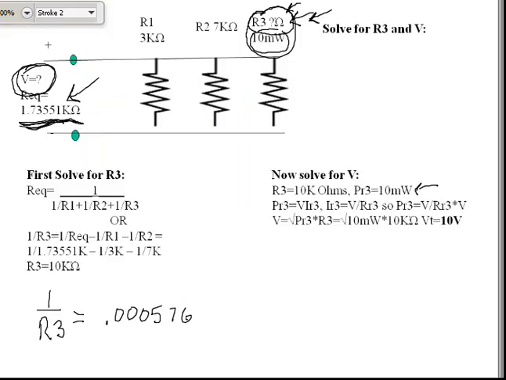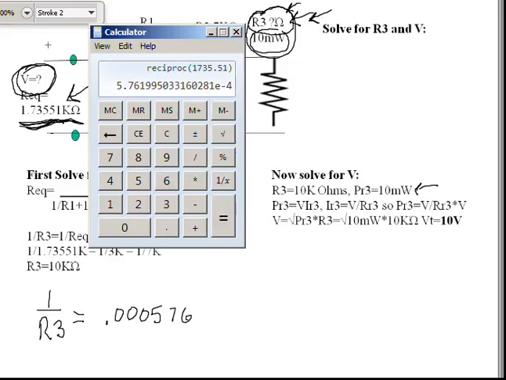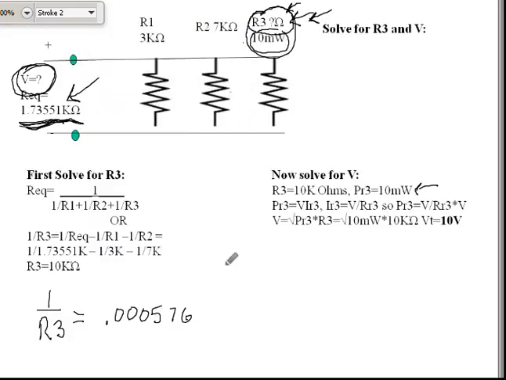And you'll notice it's to the -4, which is why my 5 is 4 decimal places in. All right, that's my total conductance.